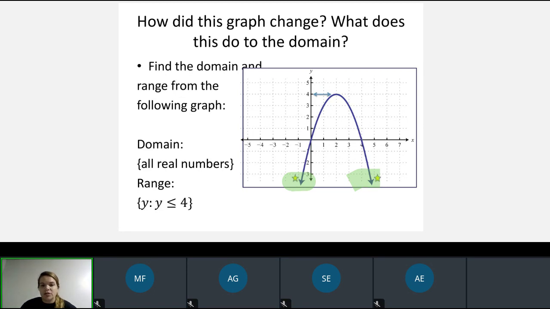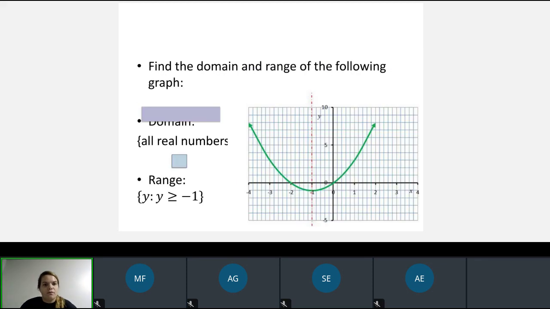Okay, so we just need to know the one highest or the maximum value of this one. So we want the range, we're going to write it as the y values, every y value that's less than or equal to 4. Okay, so we're not really going to have that inequality in this one, only because we just don't need to write that it goes to negative infinity. It can be any number less than or equal to 4.